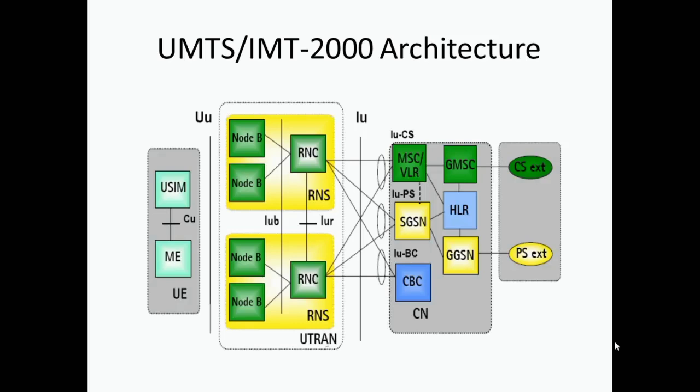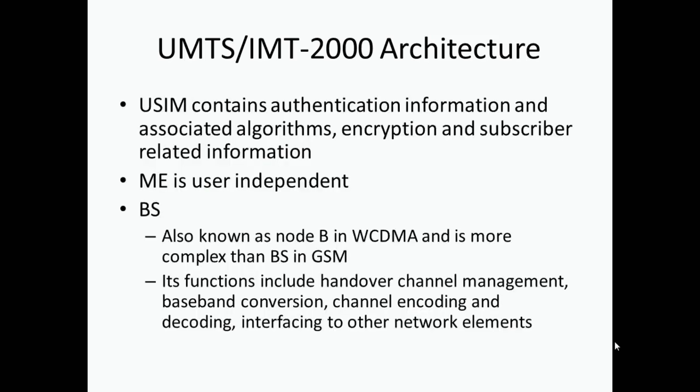One of the new interfaces in UTRAN is Iur, which connects RNCs. Now, in the UE, the USIM contains the authentication information, the associated encryption algorithm, and subscriber related information. In the UE, the ME is user independent.